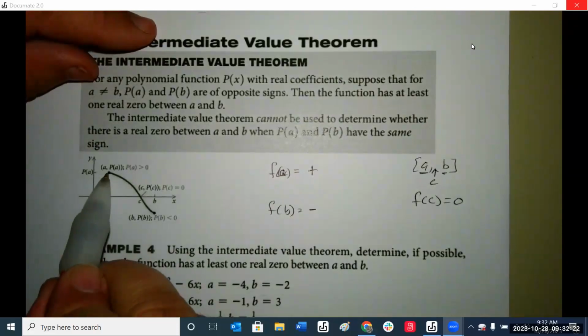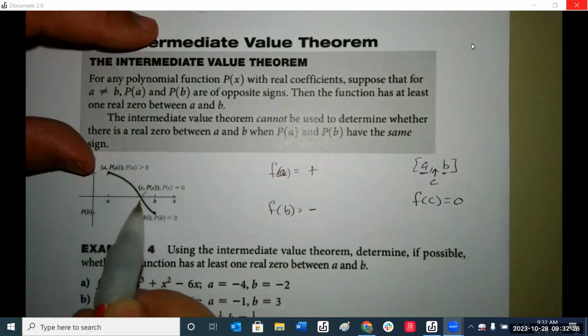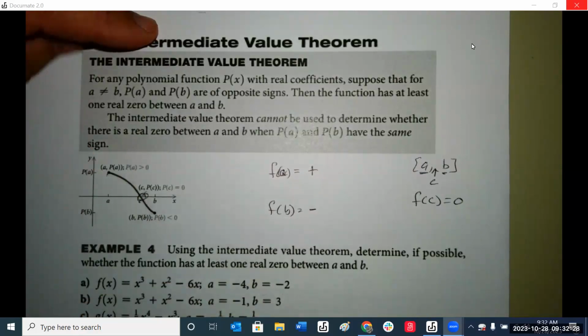So if you have a positive number here and a negative number here, and they're connected, there has to be some point in there where it equals 0.